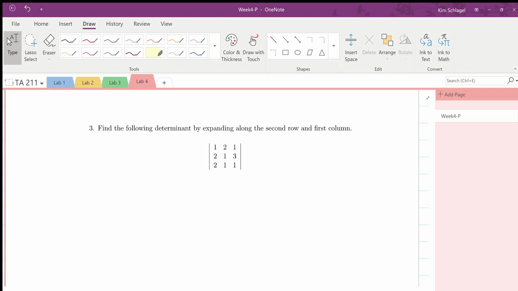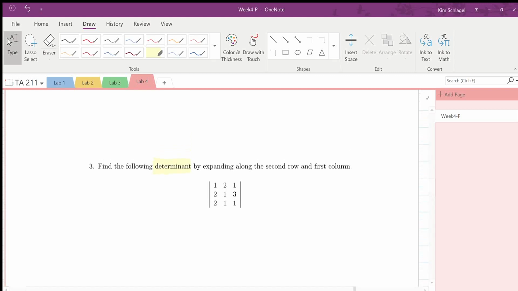Okay, so we're going to be switching gears a little bit in this question, and we're going to be talking about determinants. So for determinants, the formula that I like to use is to think of it as sign times whatever is left.